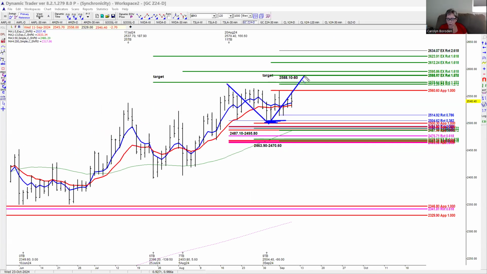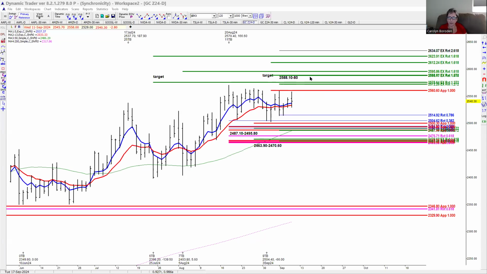I do shoot for a target up here, but because we don't always meet targets, I would have people trail up stops, maybe using a 30-minute chart as you go. I don't necessarily recommend getting out of everything at the target.